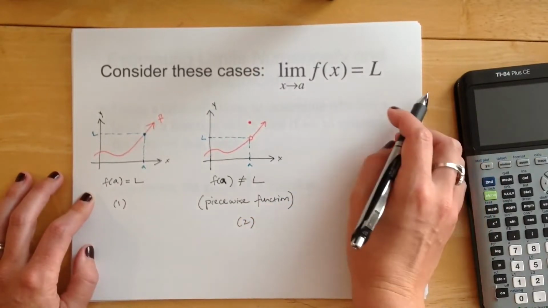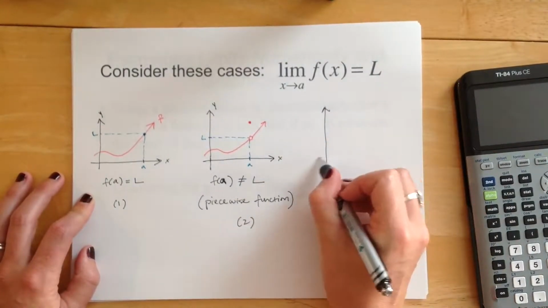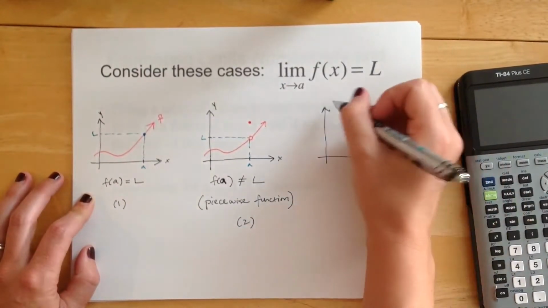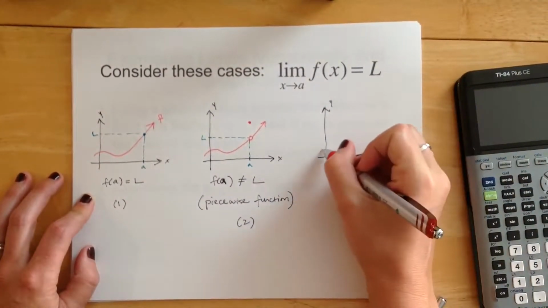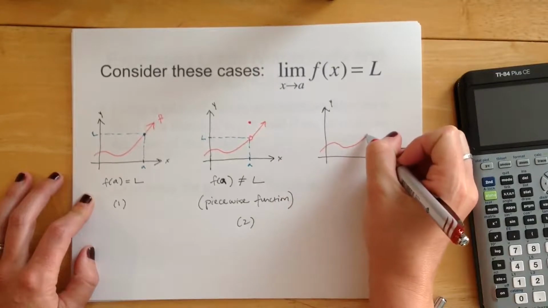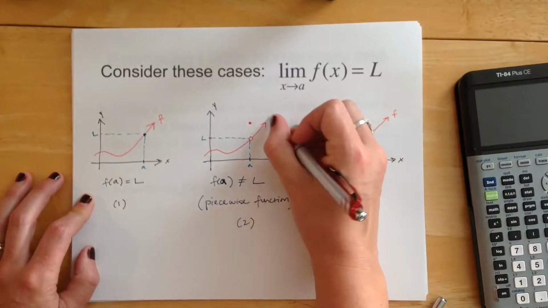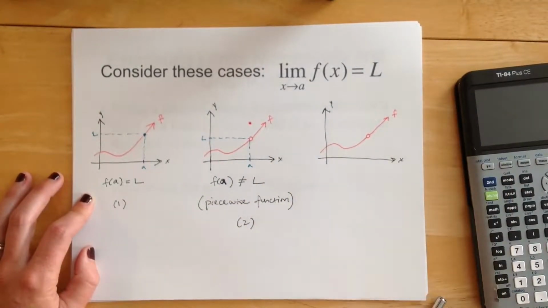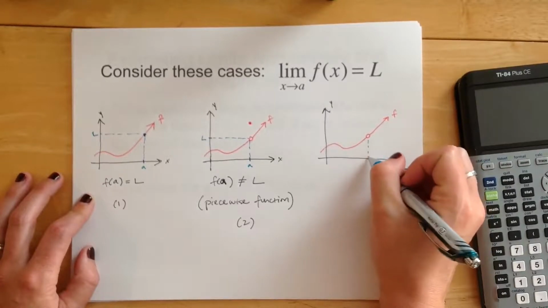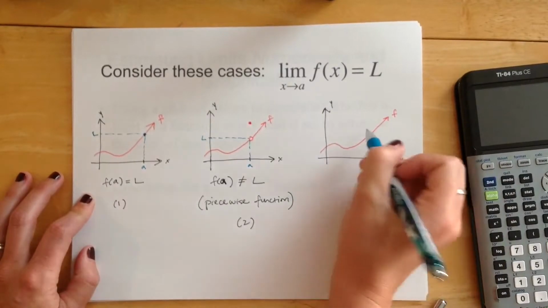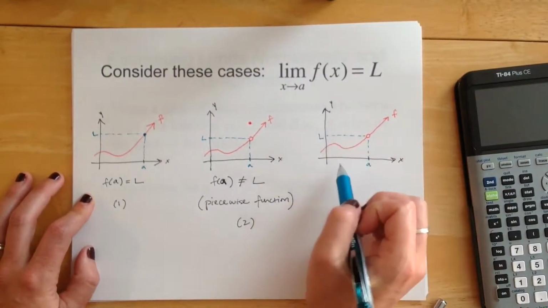And our last case would be if there's a hole at x equals a. That was my function f, where the function evaluated at a is actually undefined.